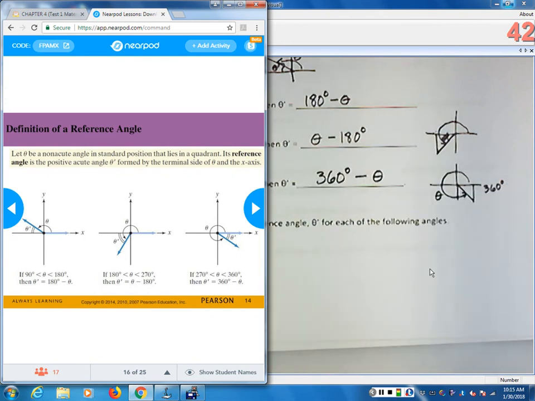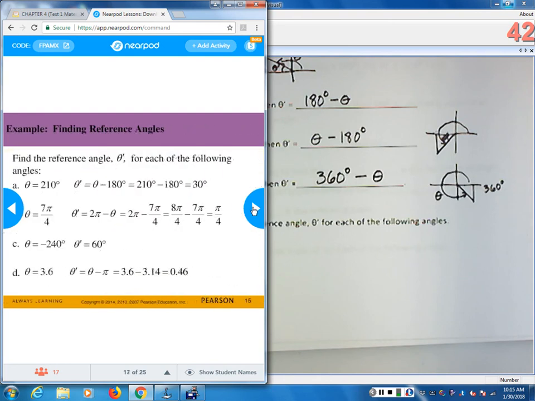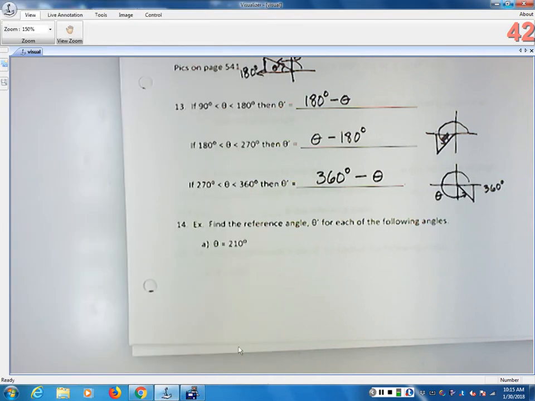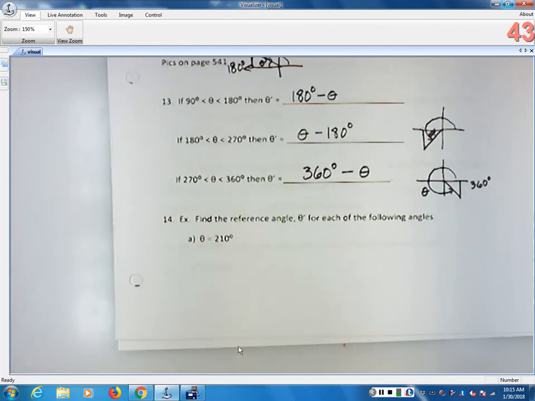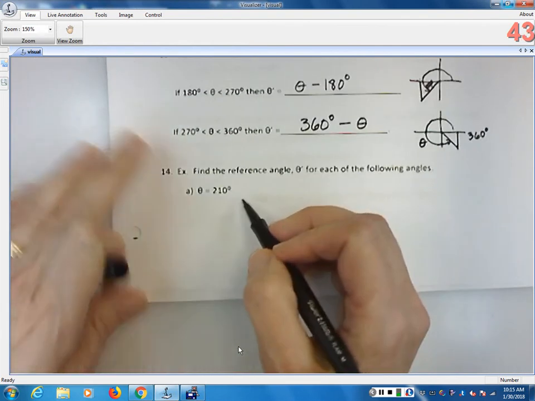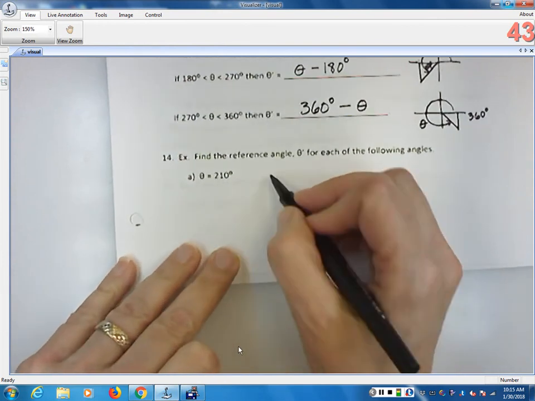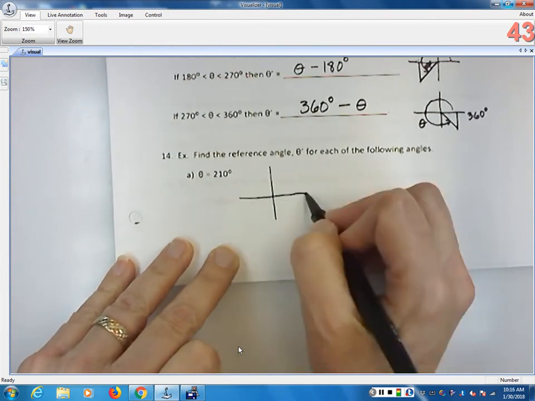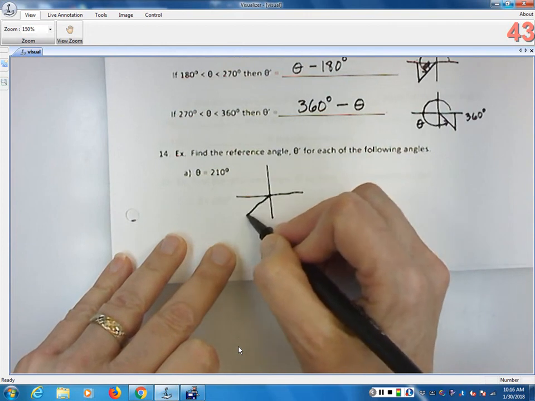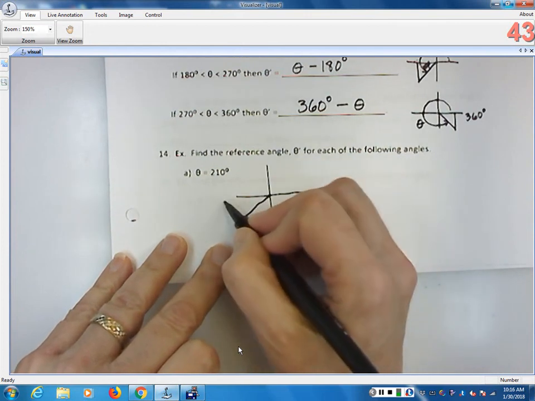So then we just have practice finding the reference angle. So here's the practice in finding the reference angle. Theta prime. So just draw the picture. If theta is 210 degrees, that's 30 degrees beyond 180.